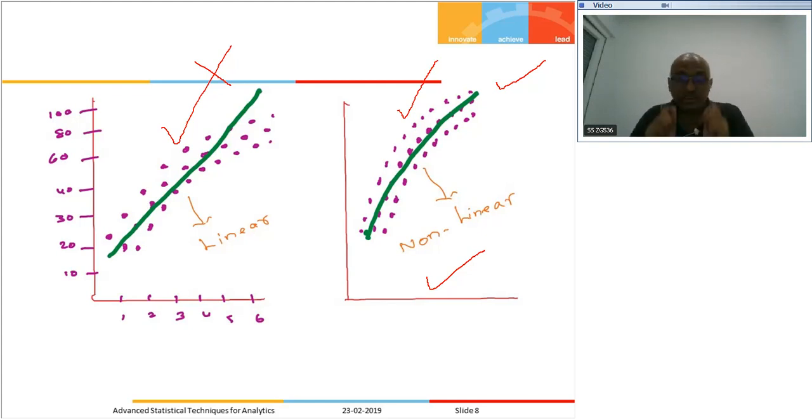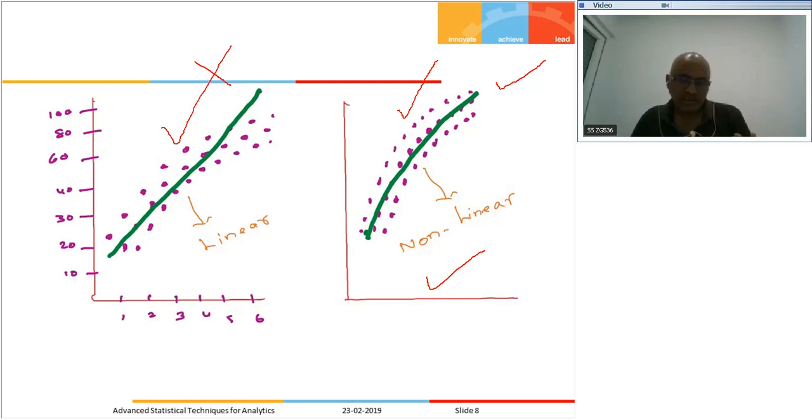It never gives any clue with respect to linear or non-linear. It is our job to find that relation with the help of this regression concept.